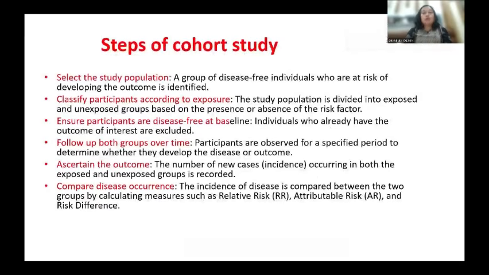The third part of the question was steps of cohort study. Here the question was a direct question where you had been asked to give the steps of cohort study, but sometimes you get questions where the type of study is not mentioned. You have to formulate the design yourself. So you have to read the question very well. You have to see whether they have been asking for an incidence.